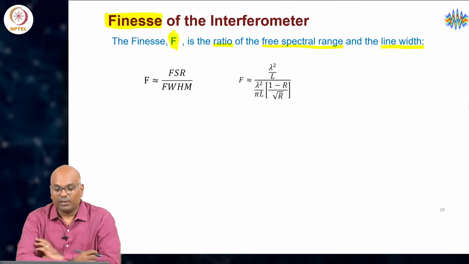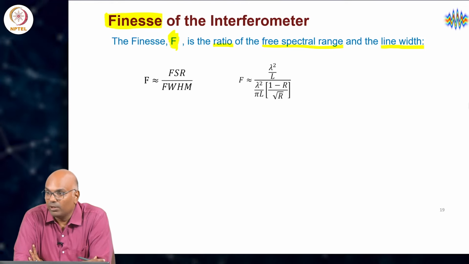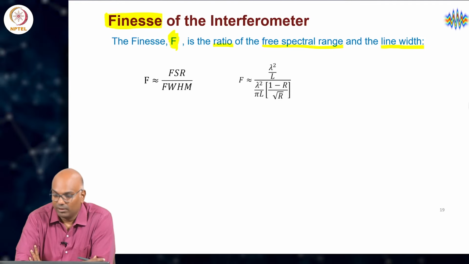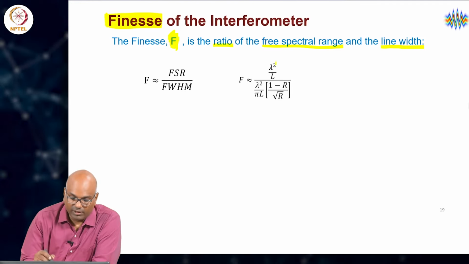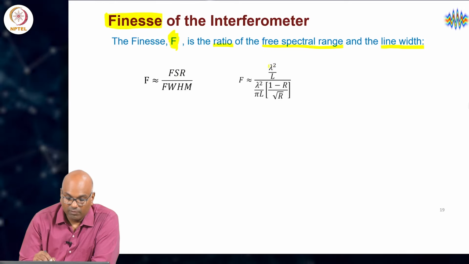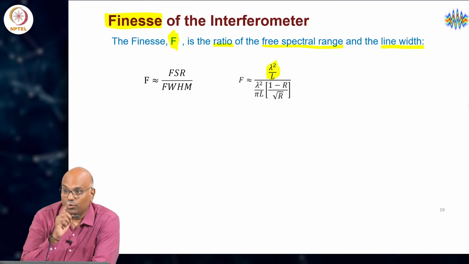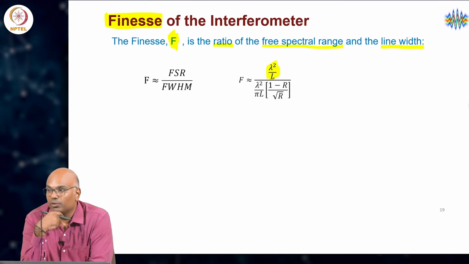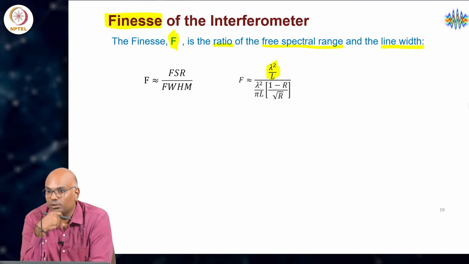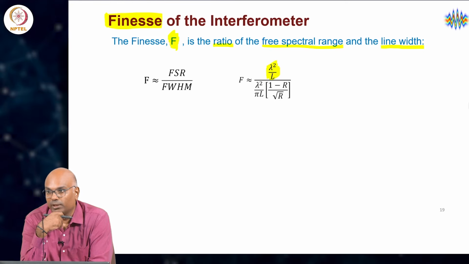We computed both these quantities, especially in the wavelength domain. In the wavelength domain, the free spectral range was lambda square divided by L. Jog your memory: in terms of angular frequencies, this was 2 pi C by L, C is a constant.